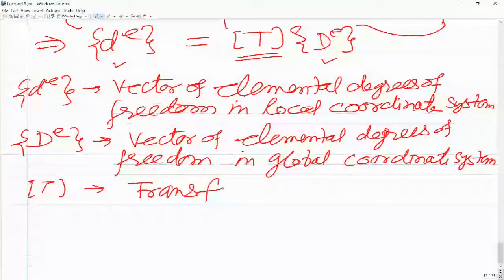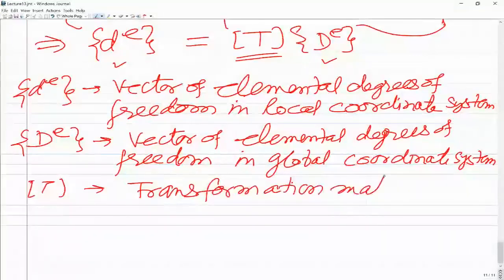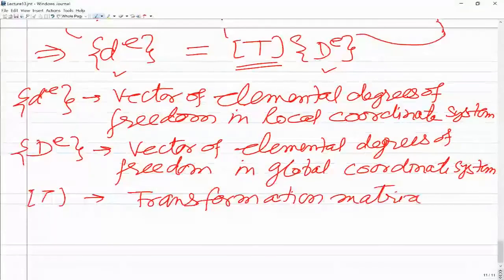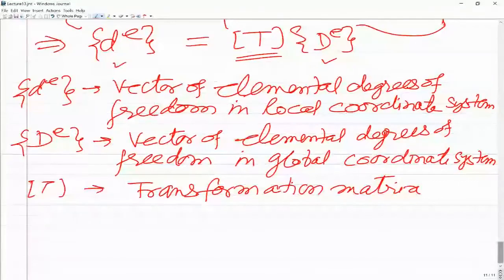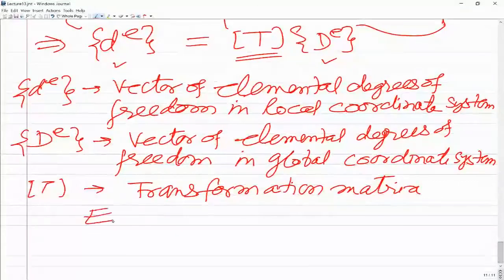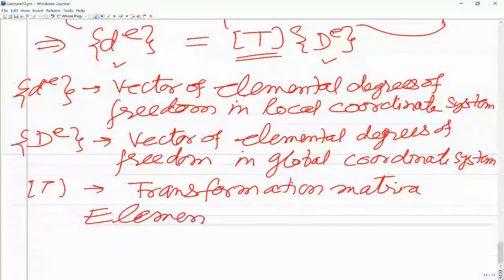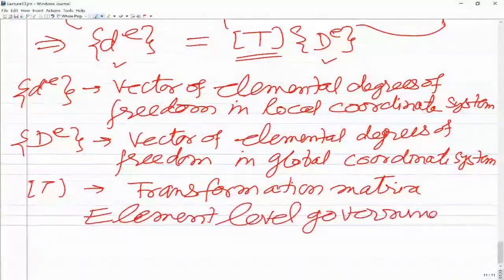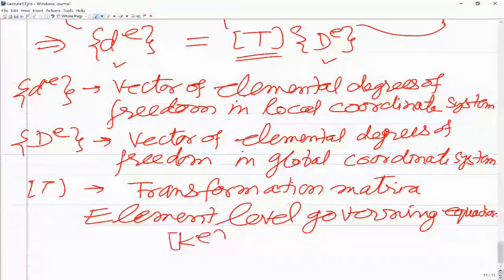So once you have this transformation matrix, you can convert the element level governing equation in local coordinate system into global coordinate system. So if you look at the element level governing equation, which is basically Ke into de is equal to F external for the element plus F internal.